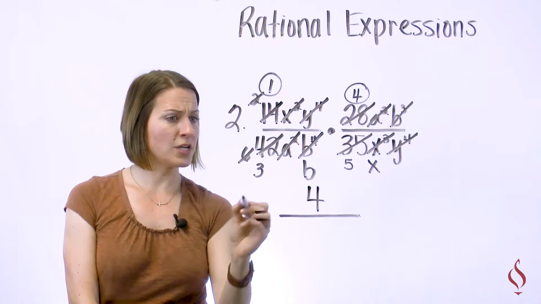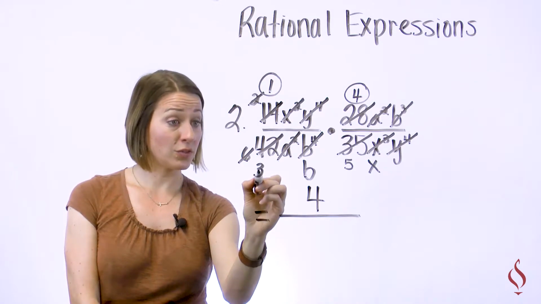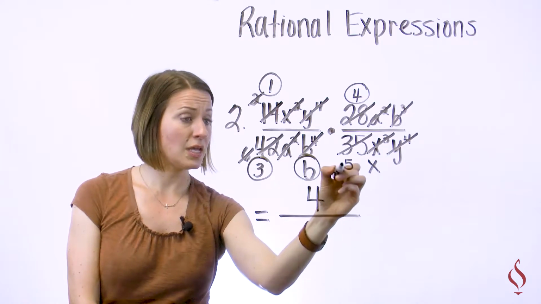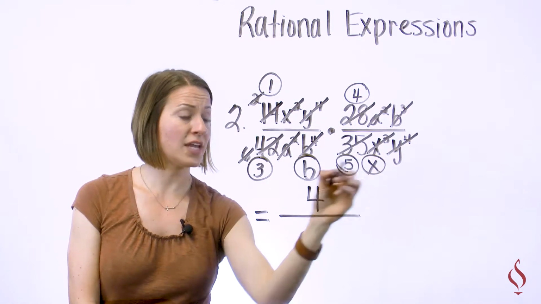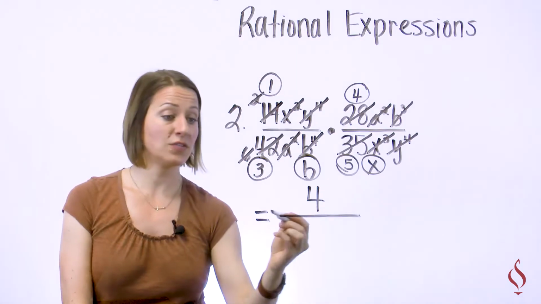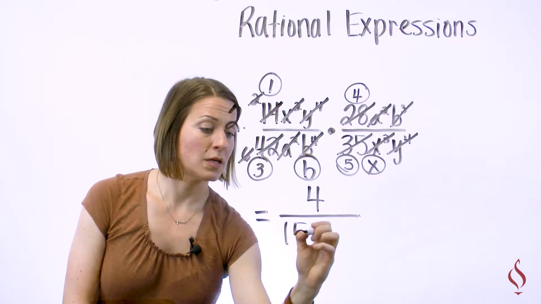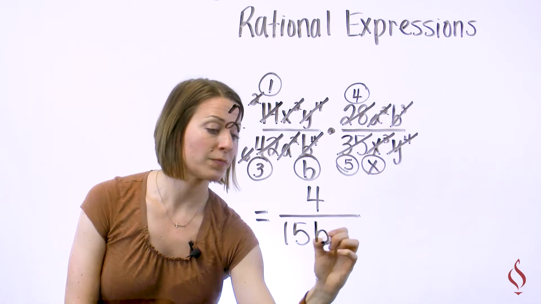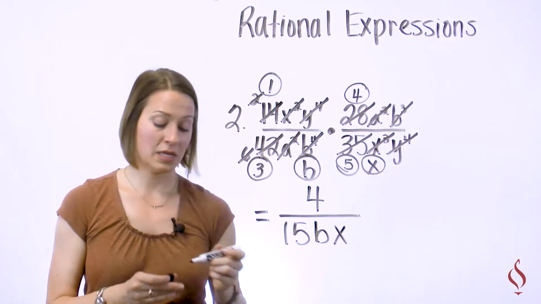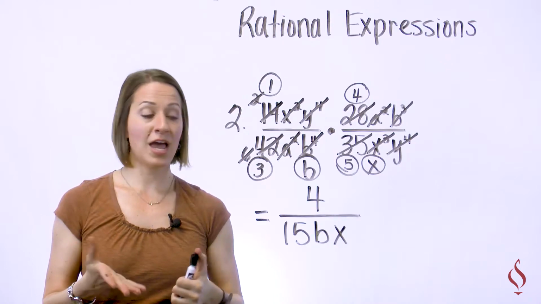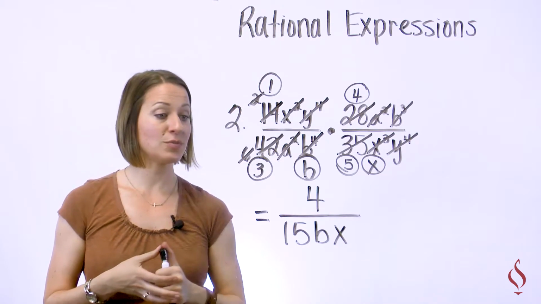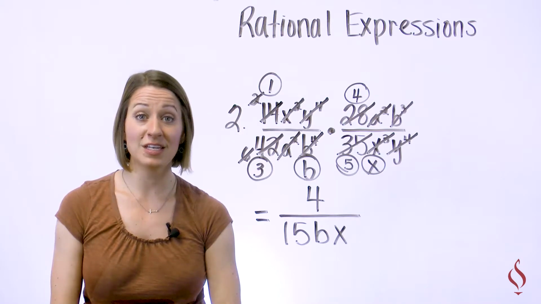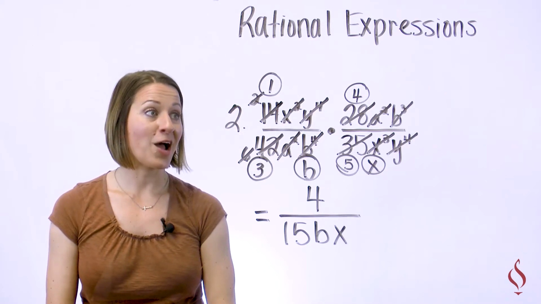And then for the denominator, we have a 3. I'm going to go ahead and circle it. We have this B, and we have a 5, and we have an x. So 3 times 5 is 15. And then those letters, just put those letters in alphabetical order. And there you have it. There are no other common terms here. So this is your final answer, 4 over 15bx.